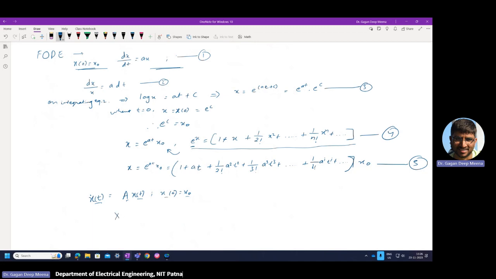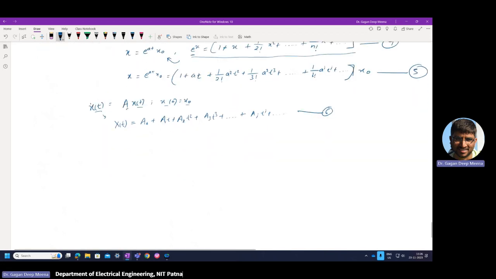So your x of t is nothing but the solution for this one, right? So x of t can be written as a0 plus a1 t plus a2 t square plus a3 t cube plus go on and on, plus ai t to the power i, and it can go on and on. I can write it as equation number 6 for our better understanding.